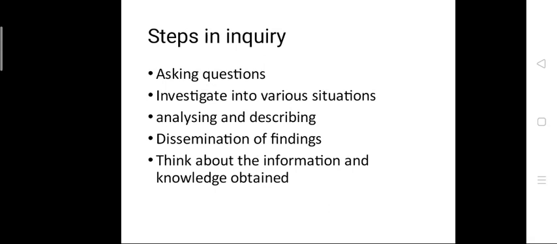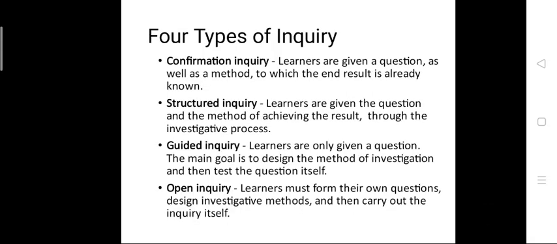So these are the steps in the inquiry process, and there are 4 forms or 4 types of inquiry: confirmation inquiry, structured inquiry, guided inquiry, and open inquiry. These are the 4 forms. In the first type, confirmation inquiry, learners are given a question as well as a method to which the end result is already known. So it's just like practicing inquiry.